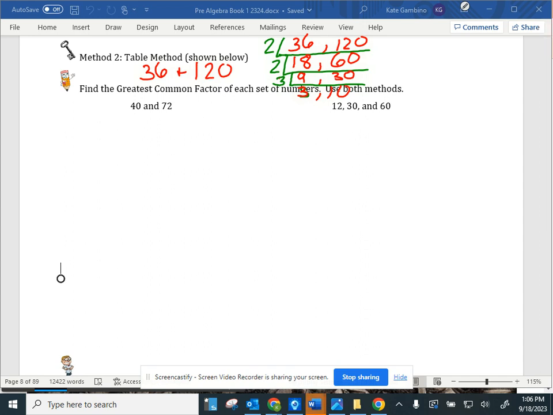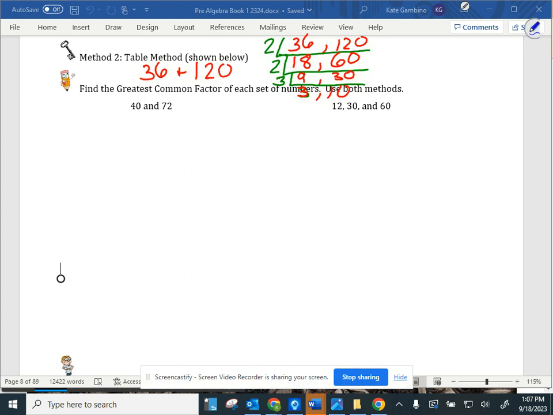So, here's how I use this to find what my greatest common factor is. I've gone down to all of my primes, and I can't take any more primes out. I can take out a 2, I can take out a 2, I can take out a 3.